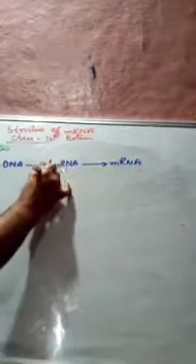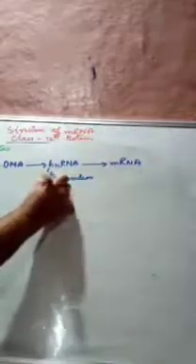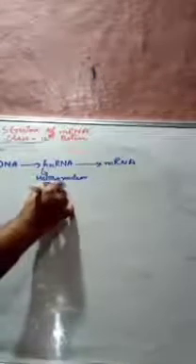Now this term, what is this called? This is called heteronuclear RNA. And it is called precursor. Precursor for what?